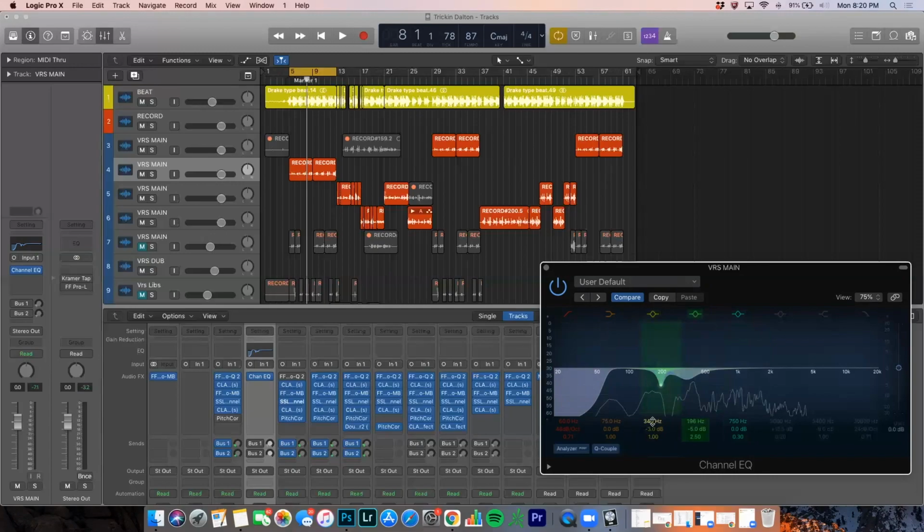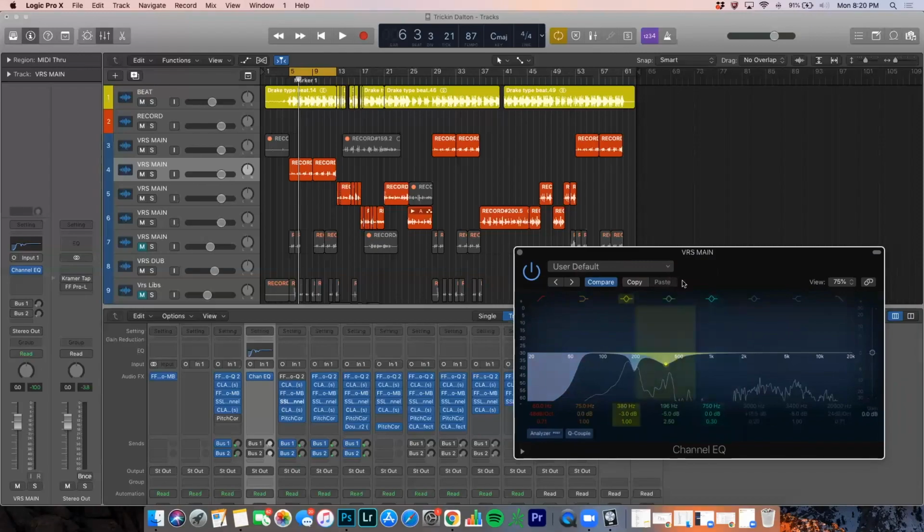So you said 340. I started at 340, so maybe that right there will take care of that whole little area. Low key, it did. I'm not gonna lie, it did. Okay, cool. So you see how the stock EQ has a few of these bells right here.